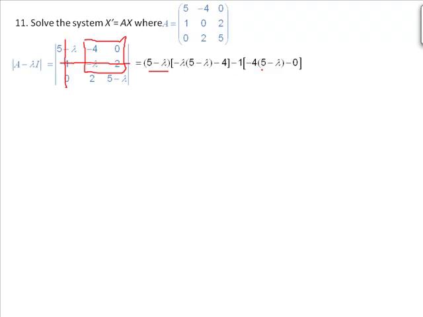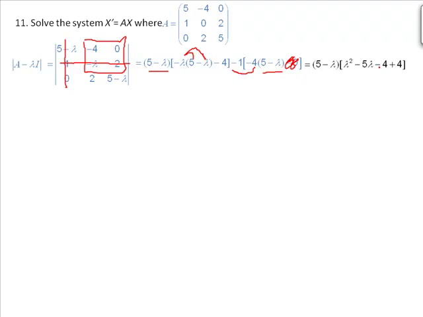And from my second term, after you take away that minus 0, then this is just a product. So I'm going to factor out the 5 minus lambda. And then I'm going to expand here to get lambda squared minus 5 lambda, and then minus 4. And then here, minus 1 times minus 4 gives me a plus 4.